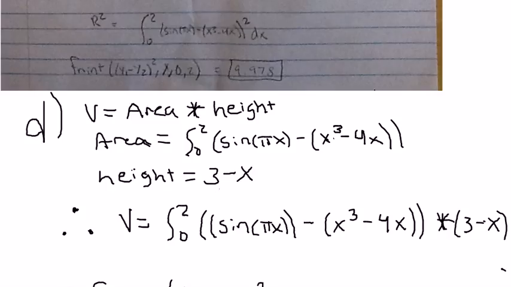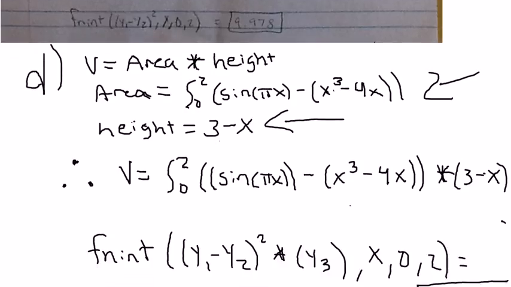We already have our integral for area, which is the integral from 0 to 2 of sine of pi x minus x cubed minus 4x, which is right here. Now, we also have our height, which is given as h of x equals 3 minus x, right here.